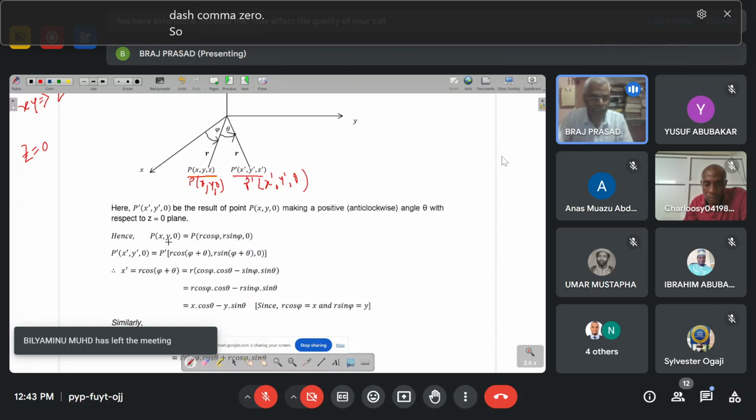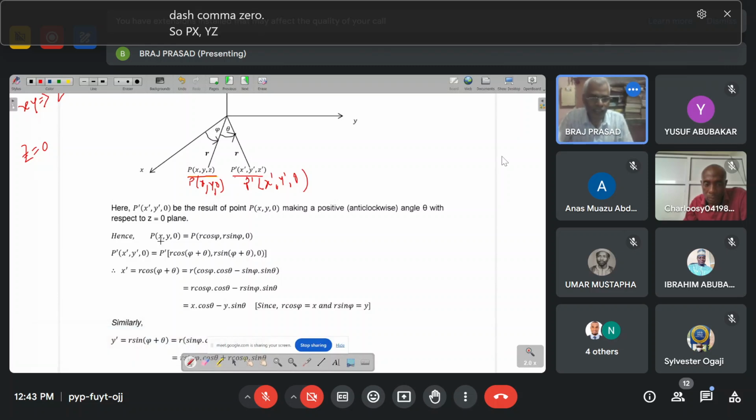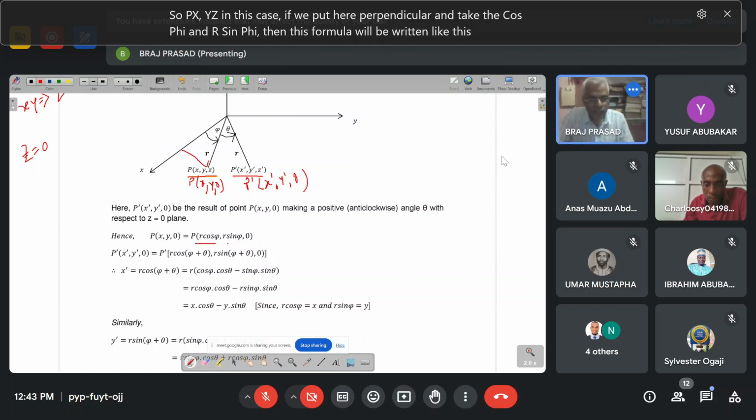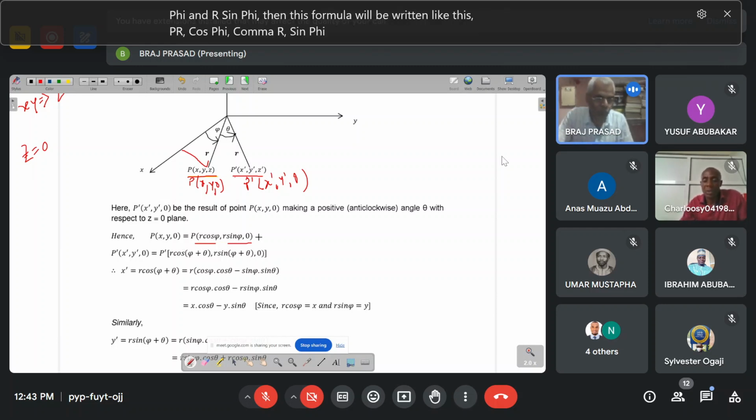So P x y z, in this case, if we put here a perpendicular and take r cos phi and r sin phi, then this formula will be written like this: P is r cos phi comma r sin phi comma 0.